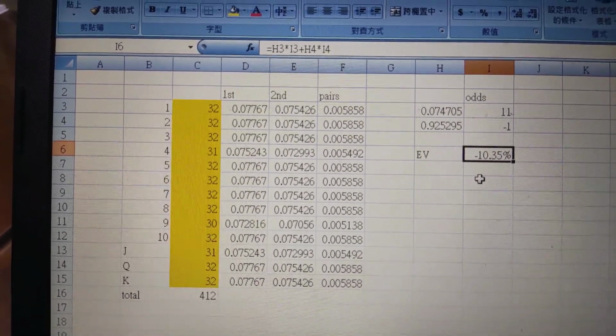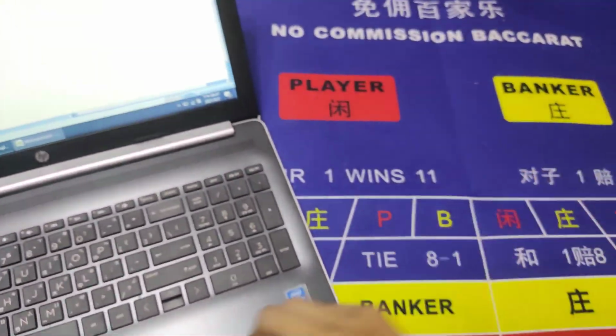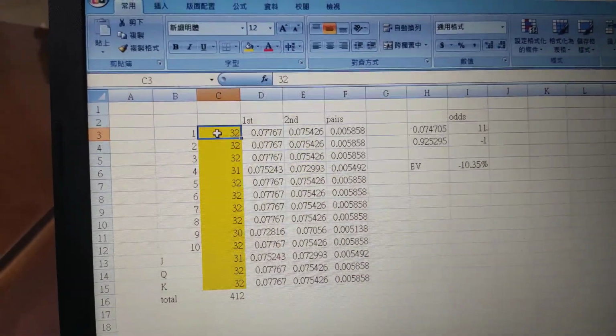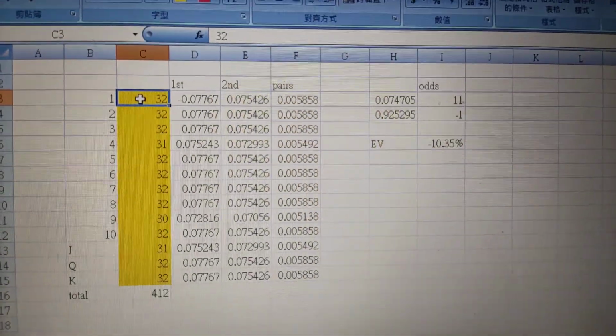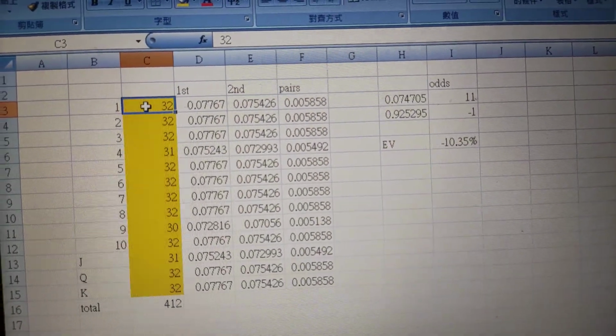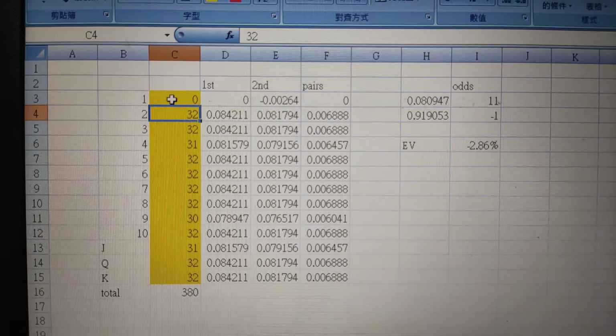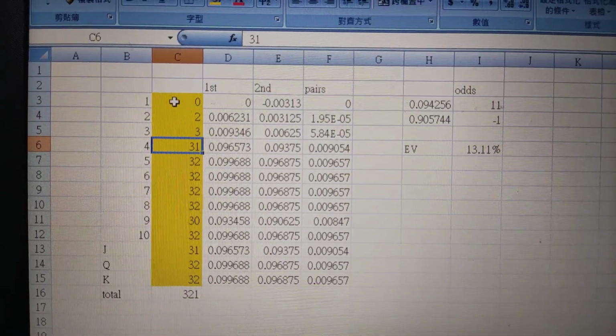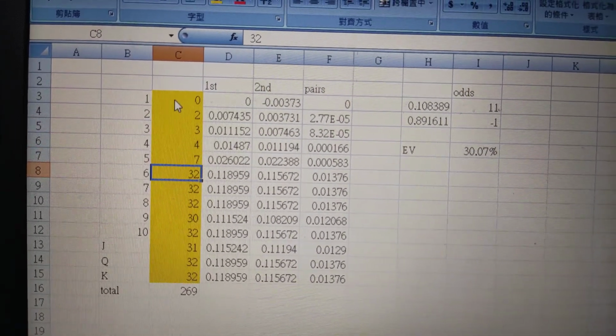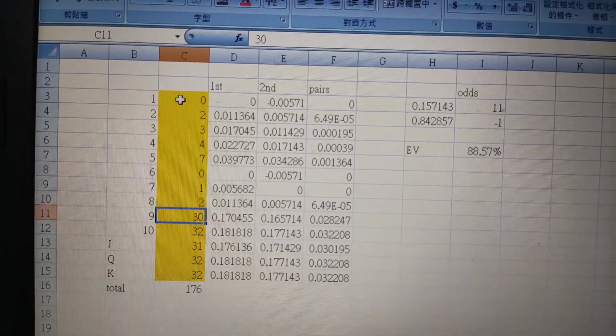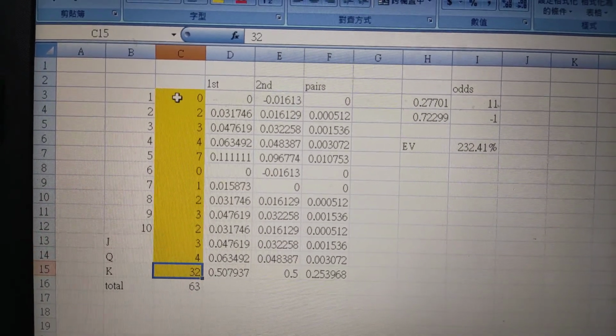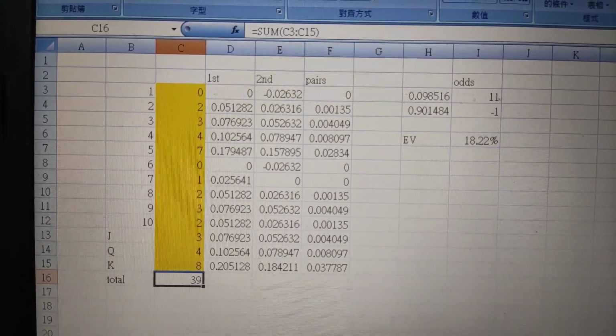If we keep dealing and keep playing, at the finish of this game, before the game finishes, it should look maybe like this, because few cards are left.